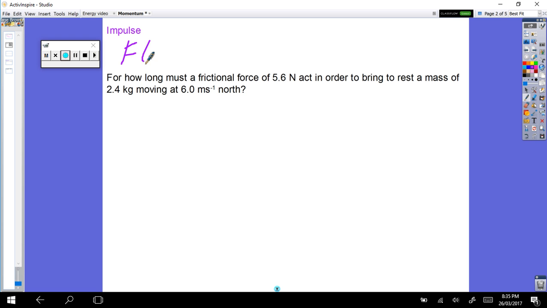So Ft equals mv, which is a vector, minus mu, and remember force is a vector, or Ft equals delta p, the change in momentum. The unit for impulse is newton second.